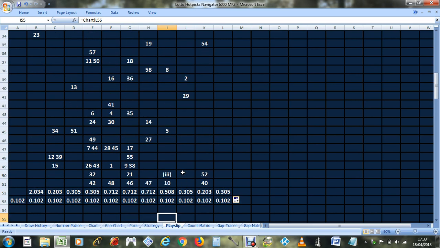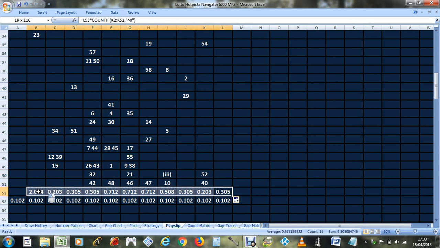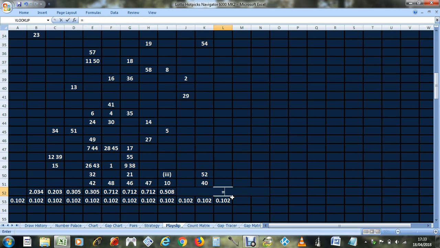Actually, that's going to be wrong because some of these have actually got 3 numbers in, but these are the probabilities just there. So I'm going to try that again. I'll just write how many numbers are in each column, I'll just count them myself.